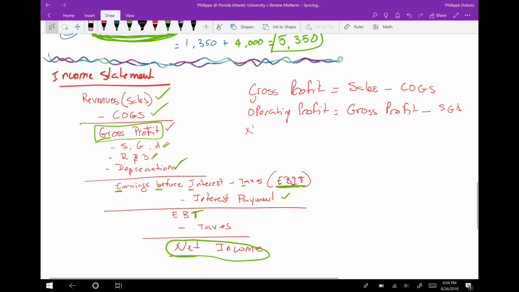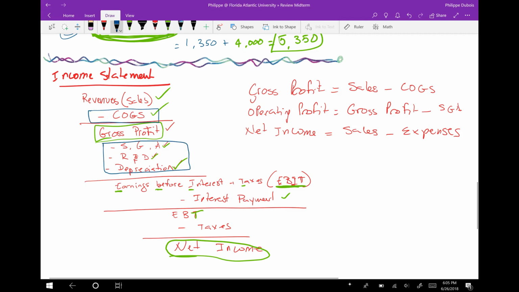And your net income is simply your sales minus all of the expenses. When I say all the expenses, I'm talking about your cost of goods sold. I'm talking about these expenses here. I'm talking about taxes. I'm talking about interest payment.